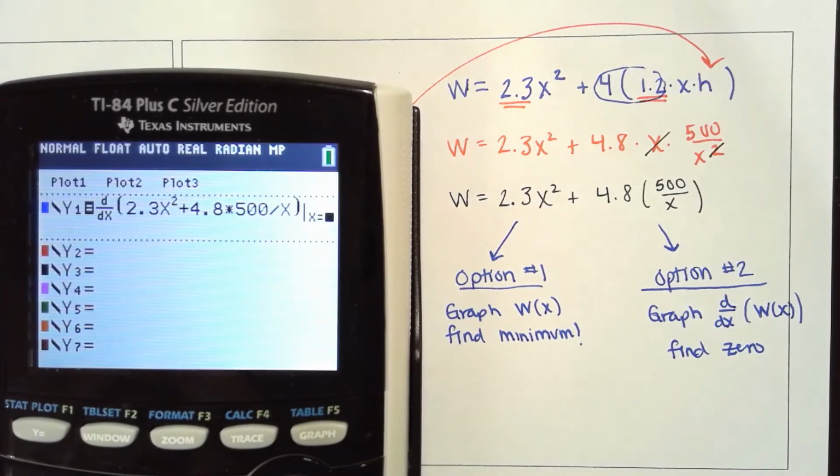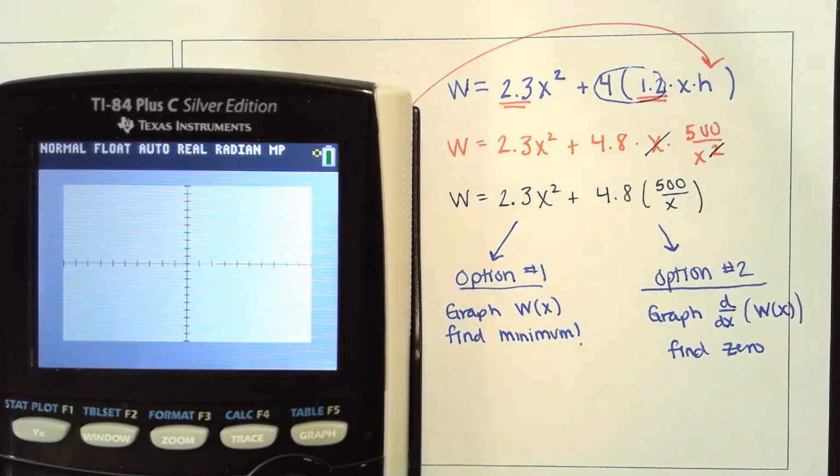And then when x equals x, that's how we graph a derivative. And I just went to a standard viewing window, so I hit zoom 6, so that's going to go from negative 10 to 10 and then like negative 10 to 10.